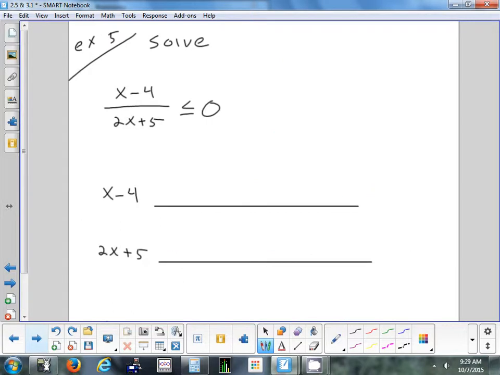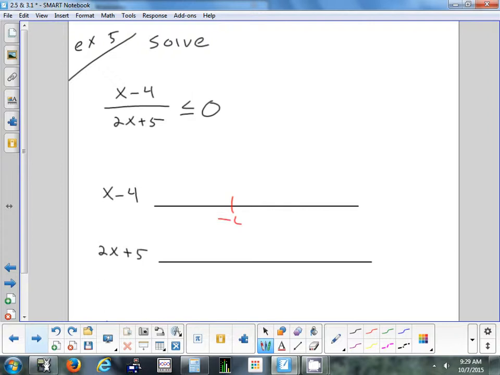Okay. Division works the same way. The top one would have a 0 at 4. The bottom one would be negative 2.5. And we do the same thing. Does anyone need me to go through this one? We'll take a quick look. All right.